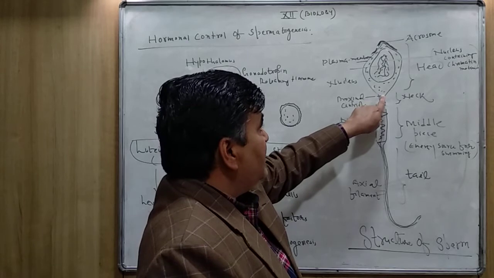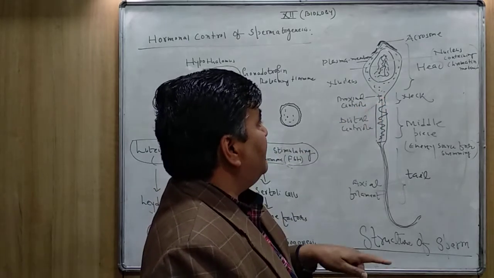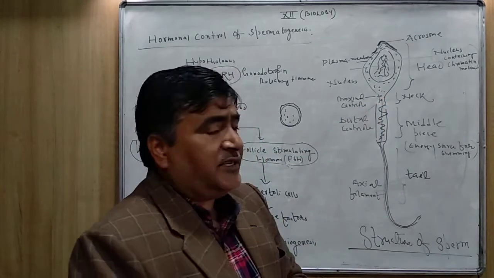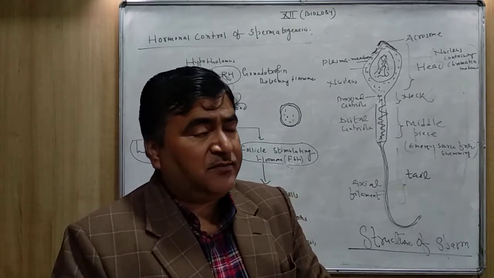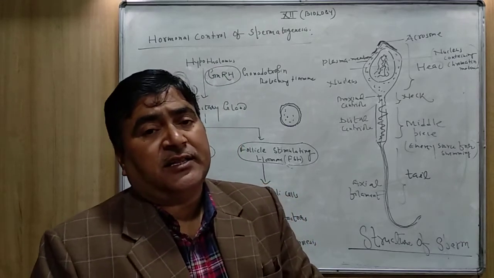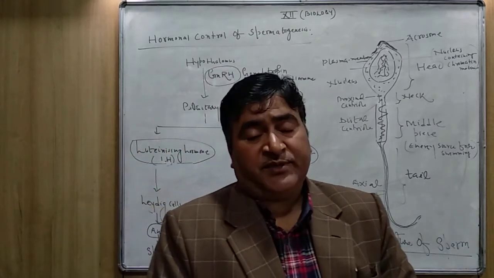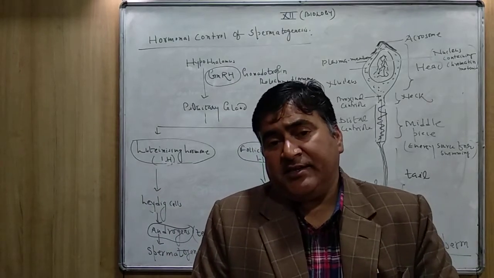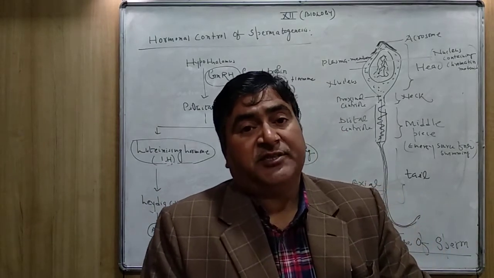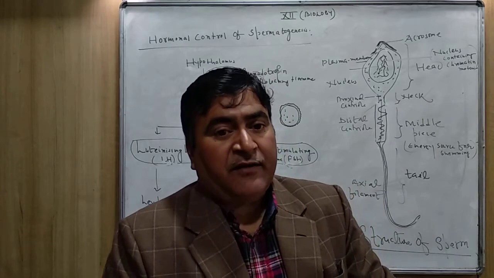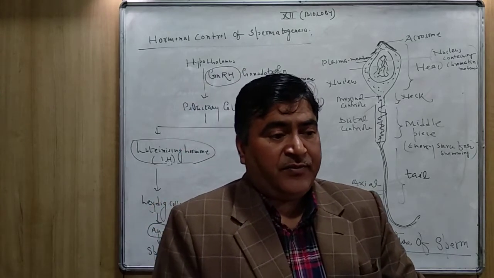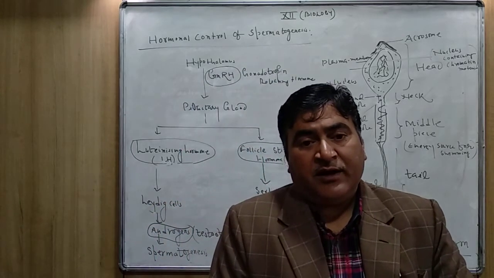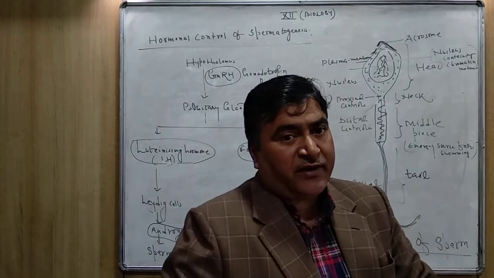And now you see the function of the proximal and distal centrioles. The proximal centriole, considered the primary centriole, helps in the first cleavage of the zygote. After fertilization, the zygote is formed, and now the zygote divides.